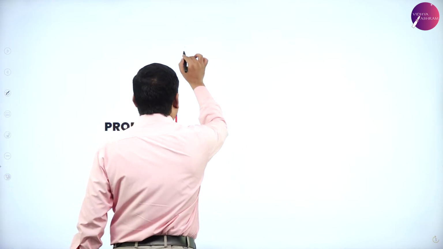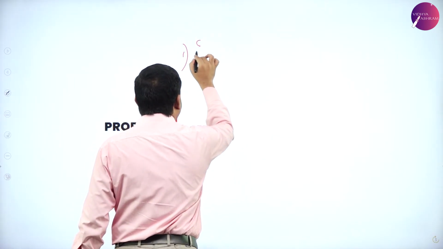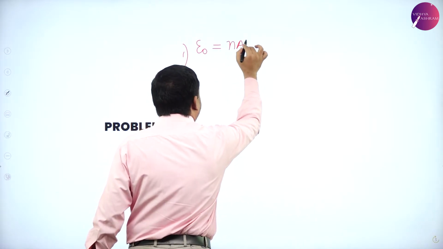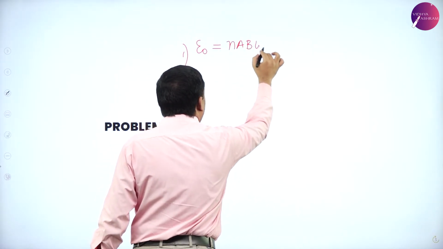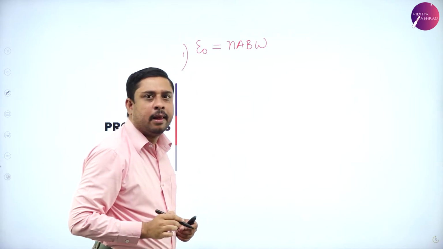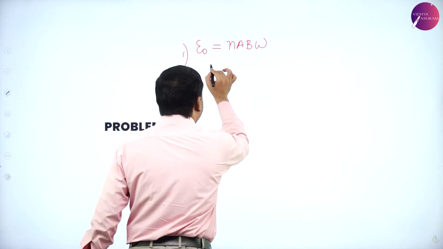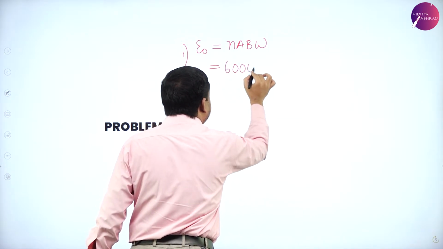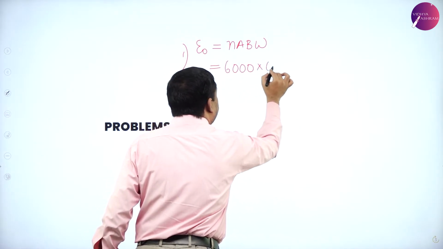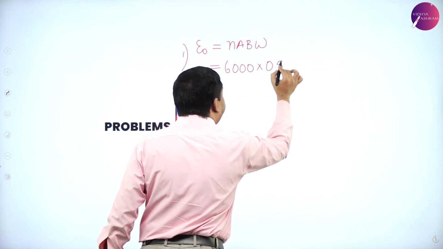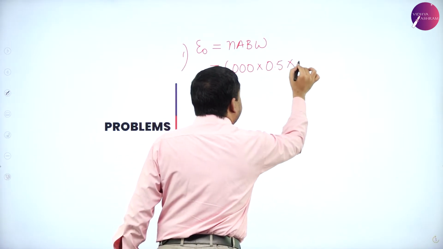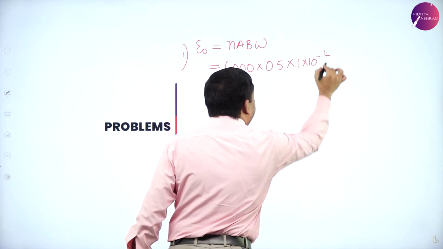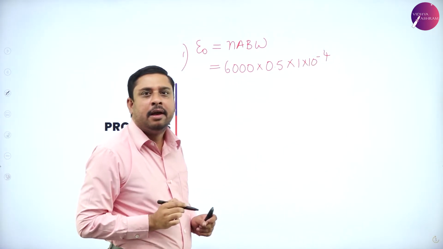So the first one is E naught, which is N A B omega. Here number of turns 6,000, 0.5, into 1 into 10 power minus 4.